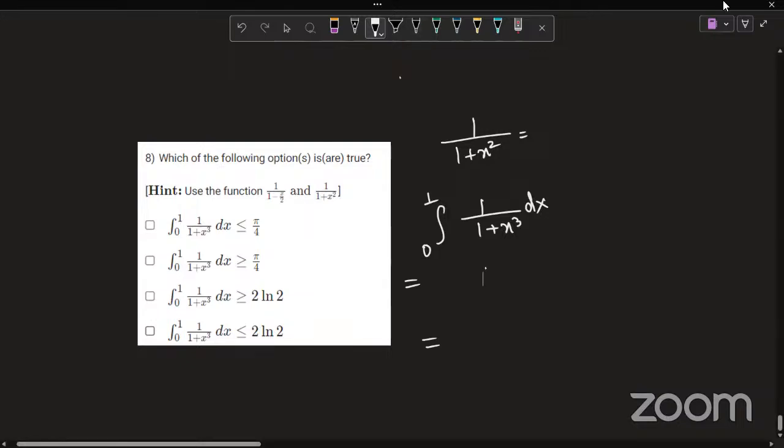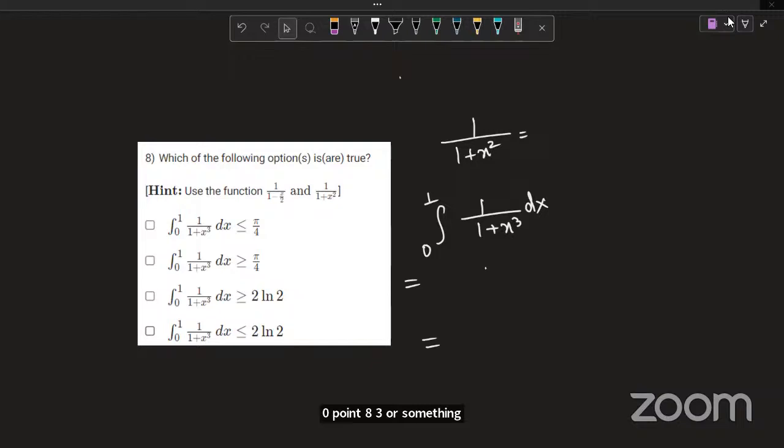The value is coming out to be 0.83 or something. If it will be 1 plus x squared, then it will be easy to calculate.